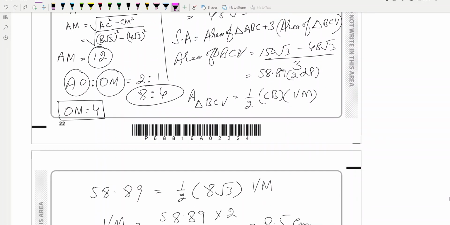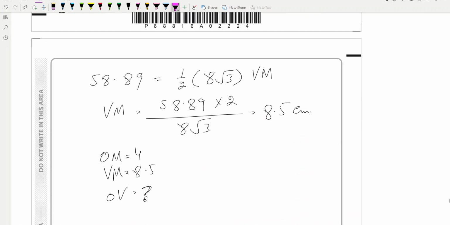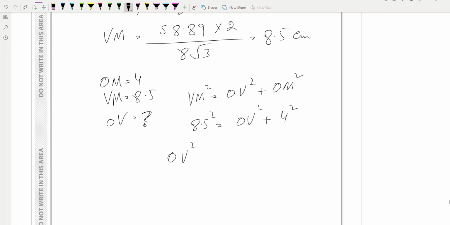We will be applying Pythagoras theorem for VM, and we can write VM squared is equal to OV squared plus OM squared. Now we can replace these values. 8.5 squared is equal to OV squared, which we need to find, plus OM is 4 squared. So OV squared is equal to 8.5 squared minus 4 squared, and OV will be equal to the square root of 8.5 squared minus 4 squared.